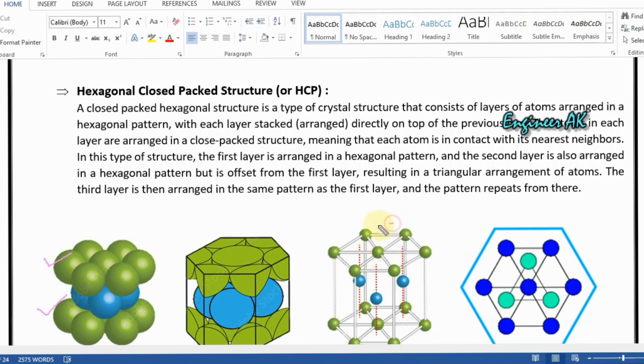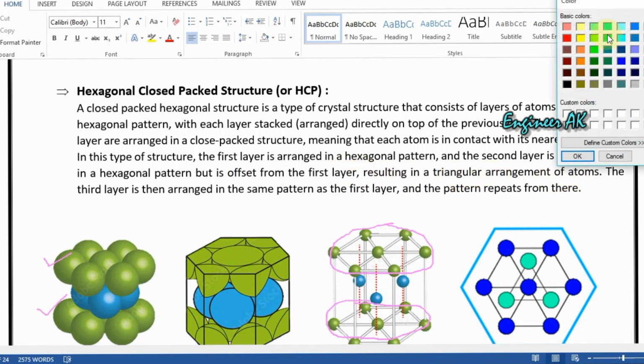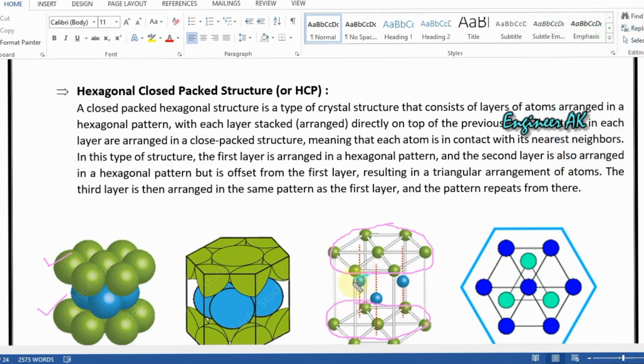Like if we see here, this layer, right, and this lower one, both are a hexagonal structure and they are offset from the first layer, resulting in a triangular arrangement of atoms, and they are separated by the triangular atoms here. And if I talk about this one, here you can see there are three atoms, so these two atoms are attached by this one, right?